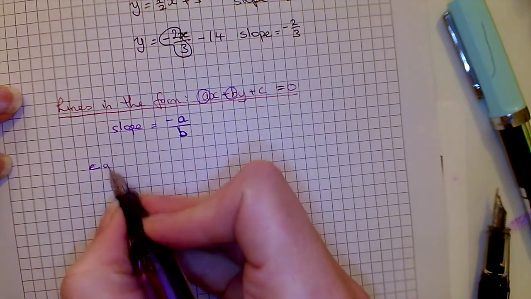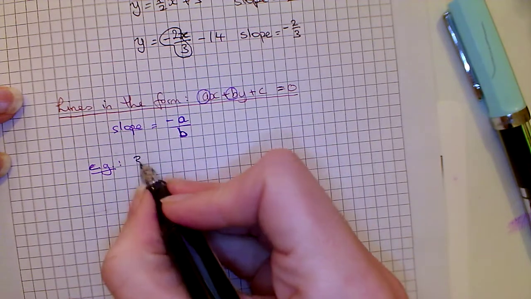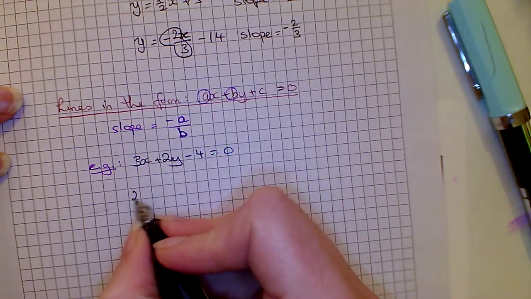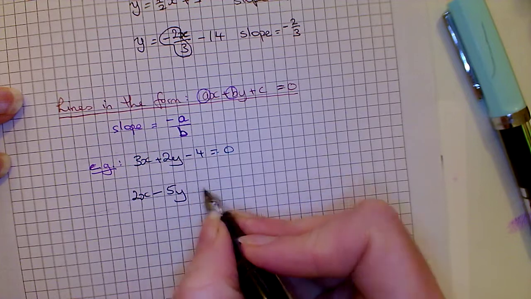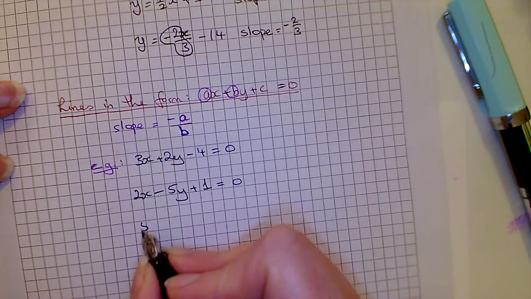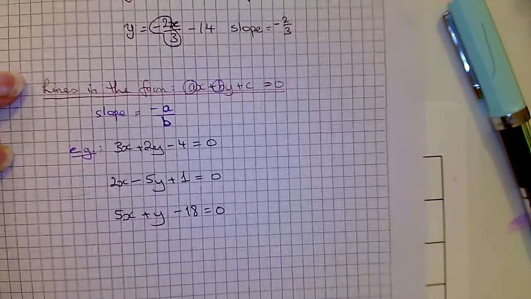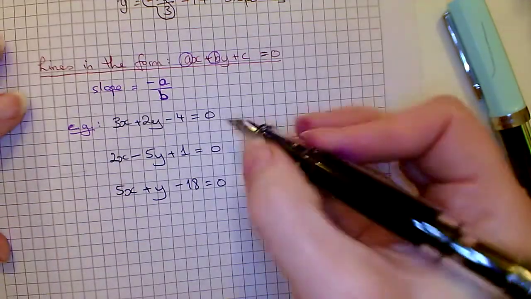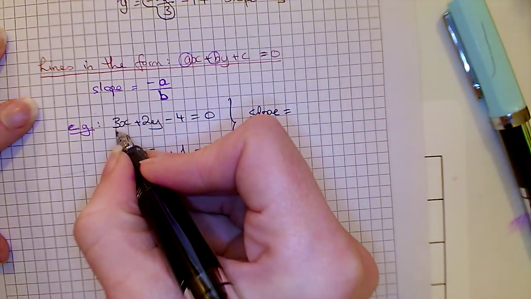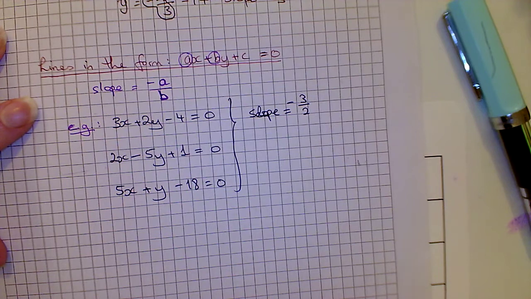Let's look at examples of those. If I have lines like 3x plus 2y minus 4 equal to 0, or 2x minus 5y plus 1 equal to 0, or 5x plus y minus 18 equal to 0, then to write down the slopes of each of these, the slope of this one will be the x coefficient over the y coefficient, 3 over 2, and change the sign, minus 3 over 2.